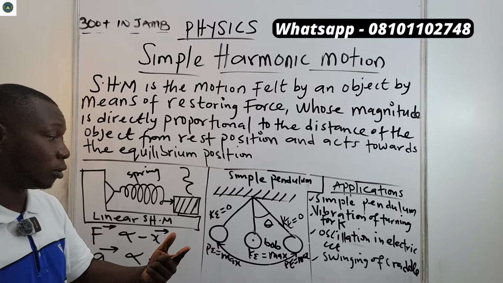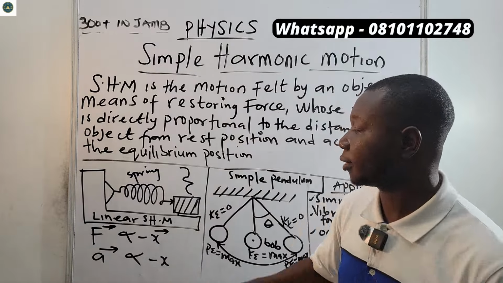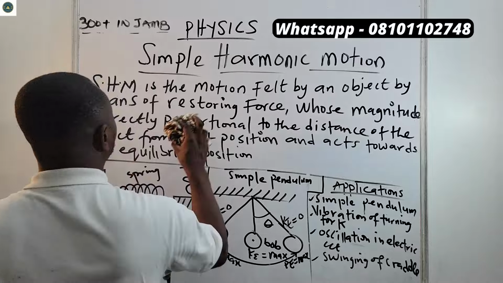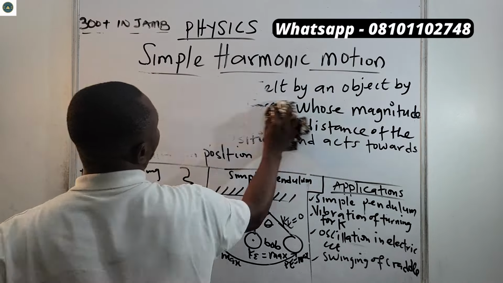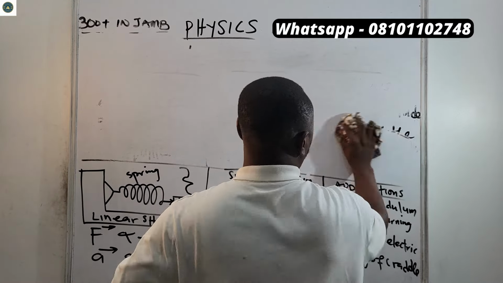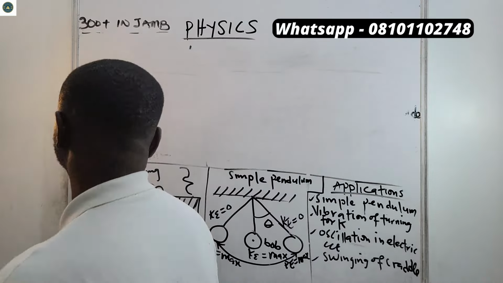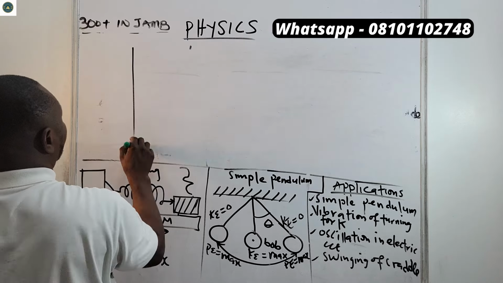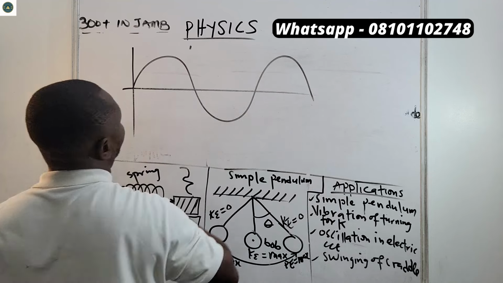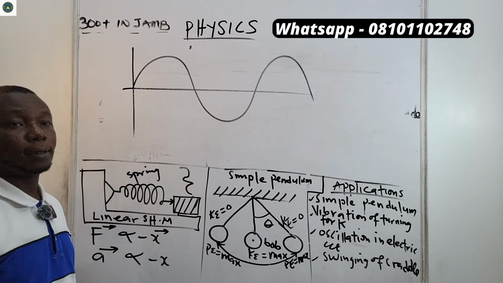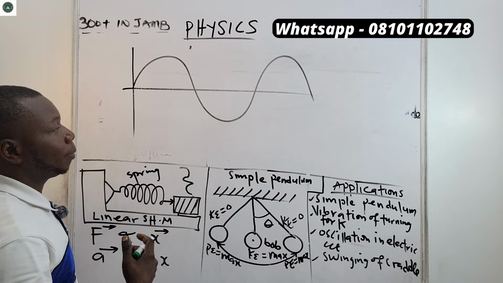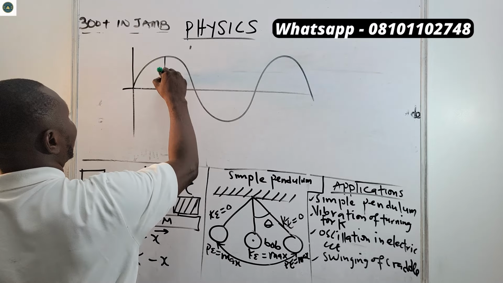As a result of the oscillation, sinusoidal waves are formed. So let's see. You have sinusoidal waves. Now, a sinusoidal wave is formed as a result of the vibrations. So there is frequency, because frequency is the number of cycles per second. So you have an amplitude.